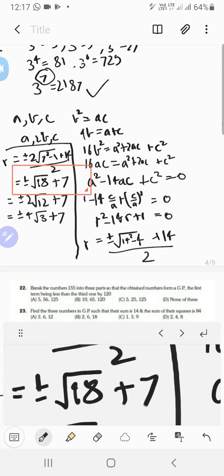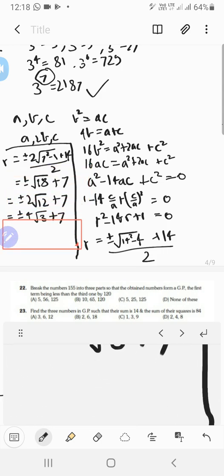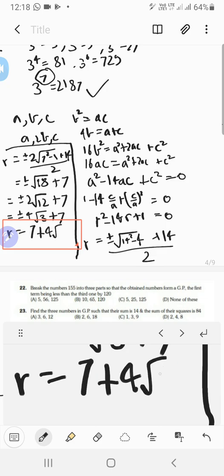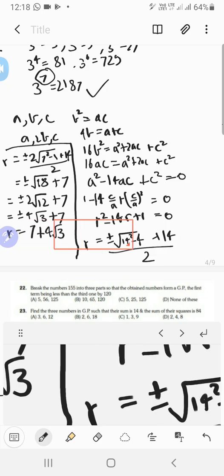If you take the negative version of this, what you get is that the ratio is less than 1 and greater than 0. So the GP would be a decreasing GP, which is not good because we wanted an increasing GP. So you have to take the positive version of this. So r is equal to 7 plus 4 root 3. That's nice. That's the answer.